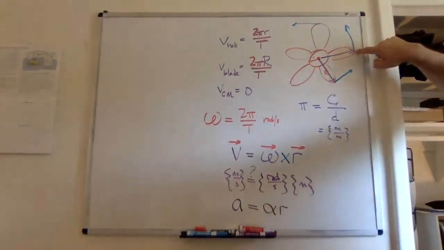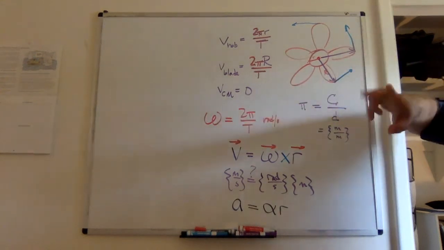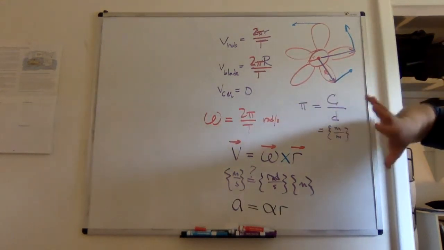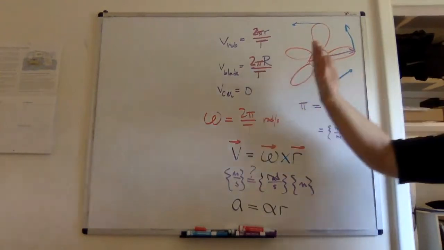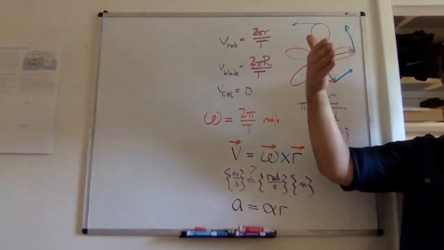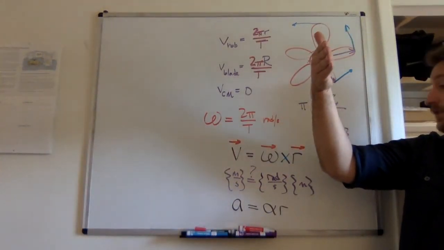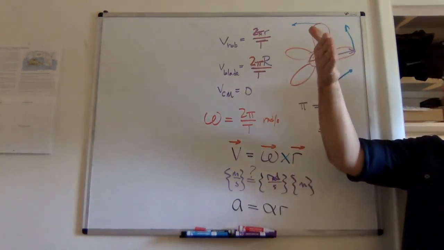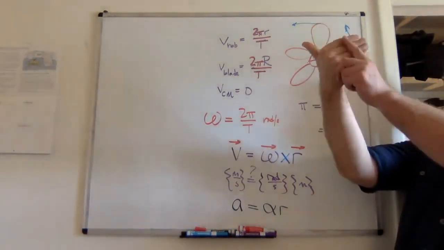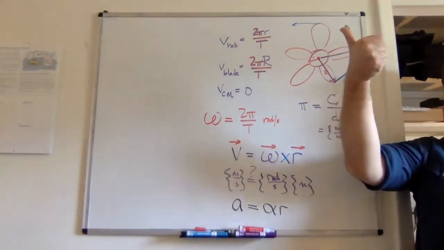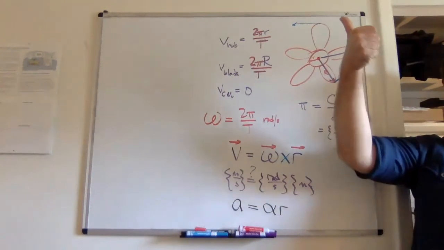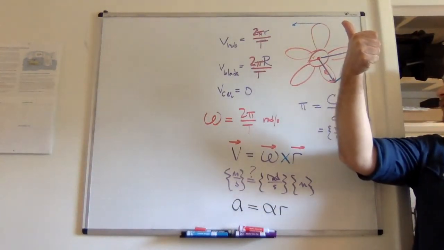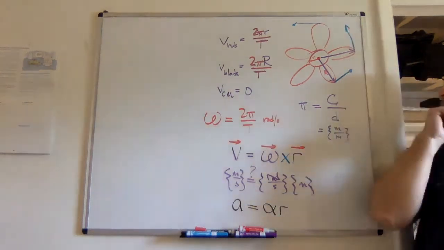I'm going to look at this point here. If we relate omega, r, and v, it should work. Omega points out of the board. Omega cross r: my fingers have to bend this way, and then my thumb points in the direction of the velocity.